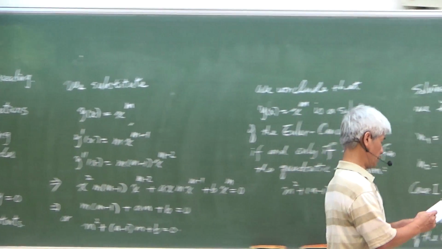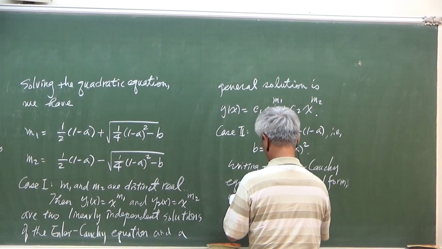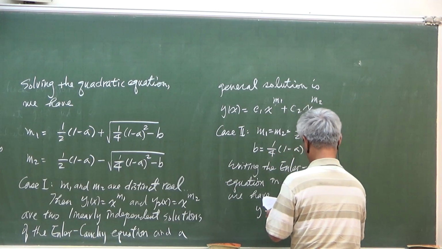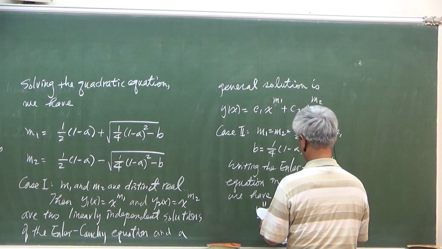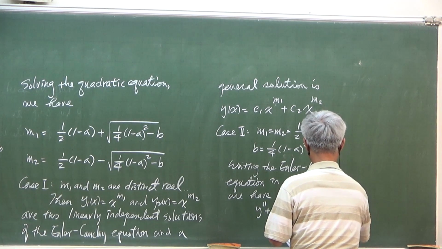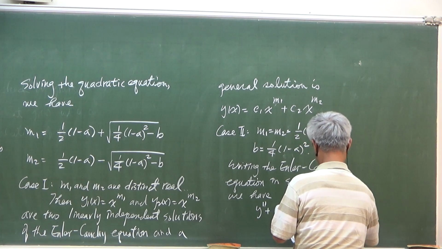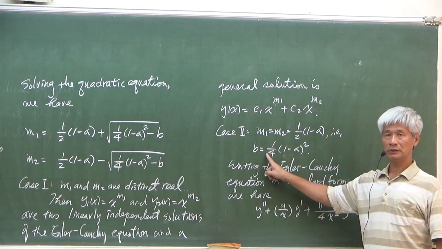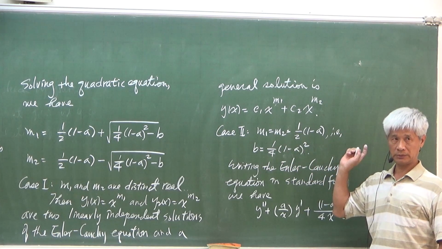So we have y double prime plus a divided by x y prime plus b over x squared y, where b is equal to 1/4 of (1 minus a) squared.